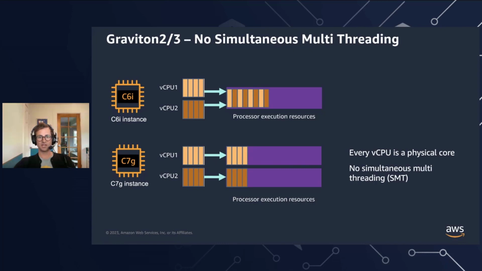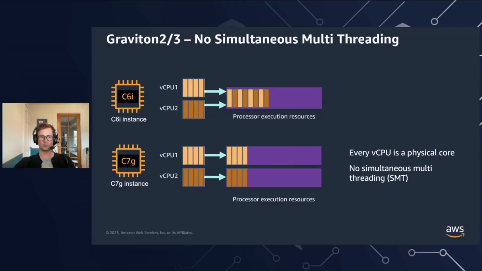The consequence of that is that we scale better on Graviton-based instances. And when you're running the same workload on two vCPUs, you get exactly twice the throughput of a single vCPU, because they're no longer sharing any context, they're no longer sharing resources, and you really scale linearly by the number of vCPUs.